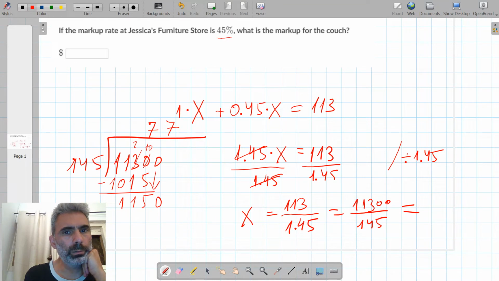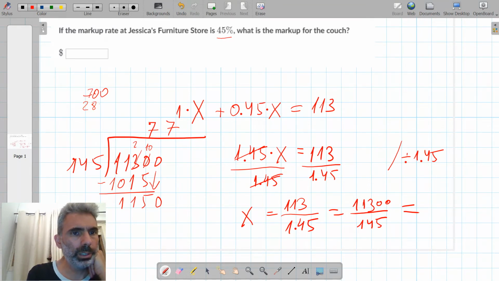7 times 100 is 700. 7 times 40 is 280, and 7 times 5 is 35. So 8 plus 3 is 11. 8 plus 2 is 10, so it's exactly 7.